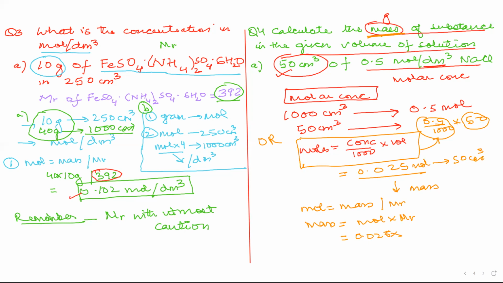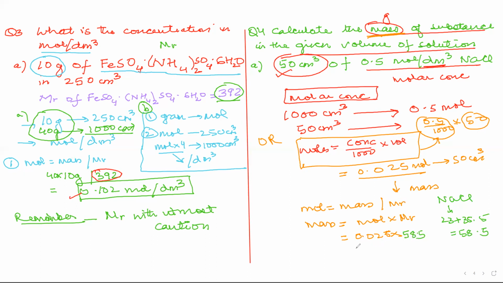It's 23 plus 35.5, which is 58.5. So I'll be multiplying 0.025 by 58.5 in order to convert into mass.